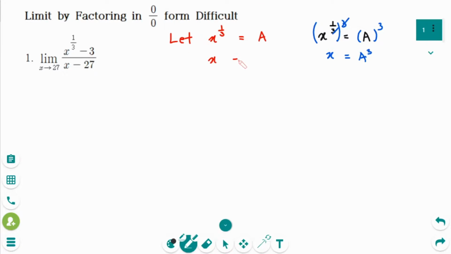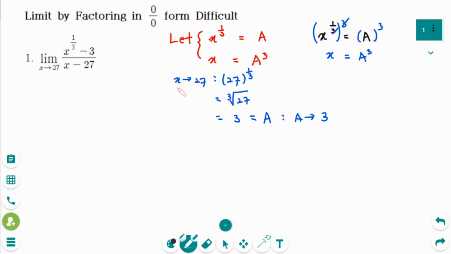Then we get x equals a cubed. x approaching 27 is the same as a approaching 3, because when you put 27 into x, we get 3. So it means a approaching 3, the same.